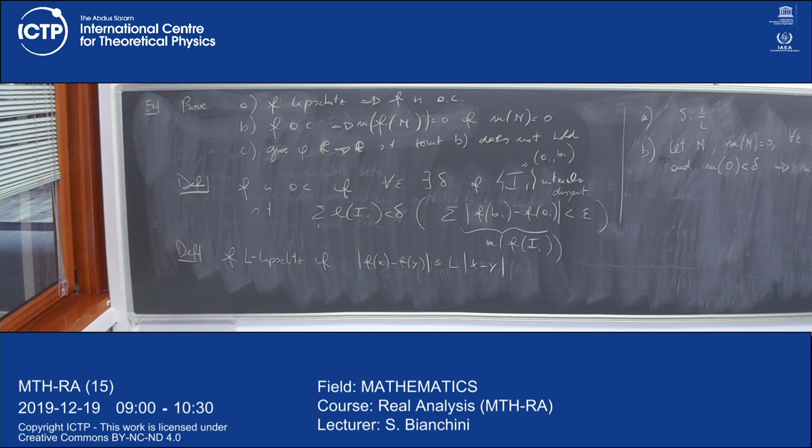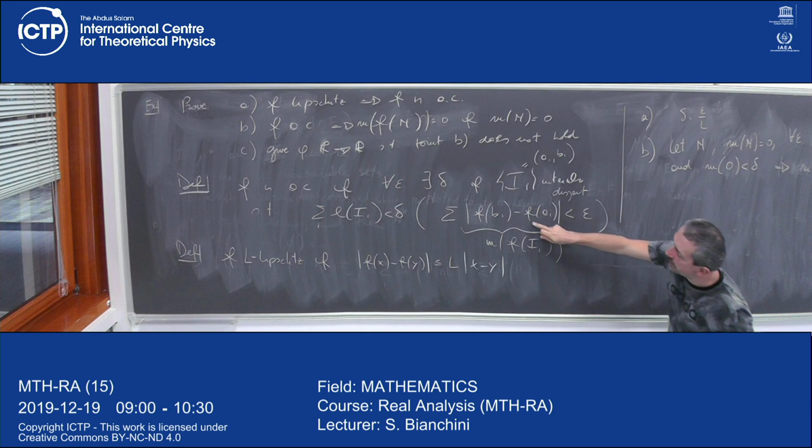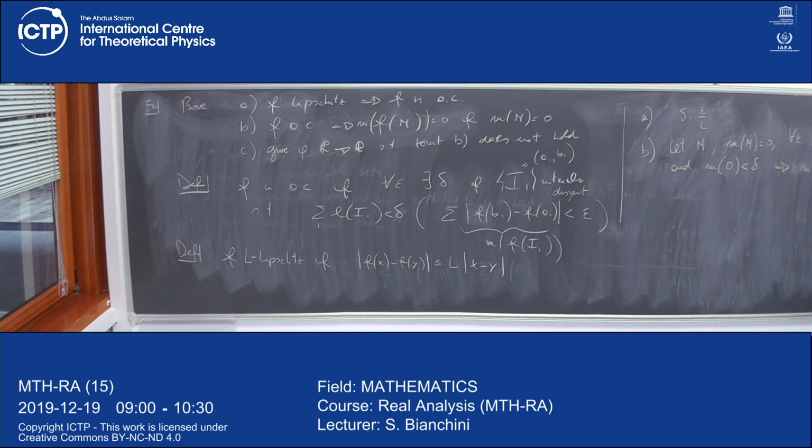So for all epsilon, I take an open set which contains my set, whose measure is small. Then I apply the definition. The definition tells you that the measure of the image is smaller than epsilon. So this set should have measure 0, because I have an open set of arbitrarily small measure.